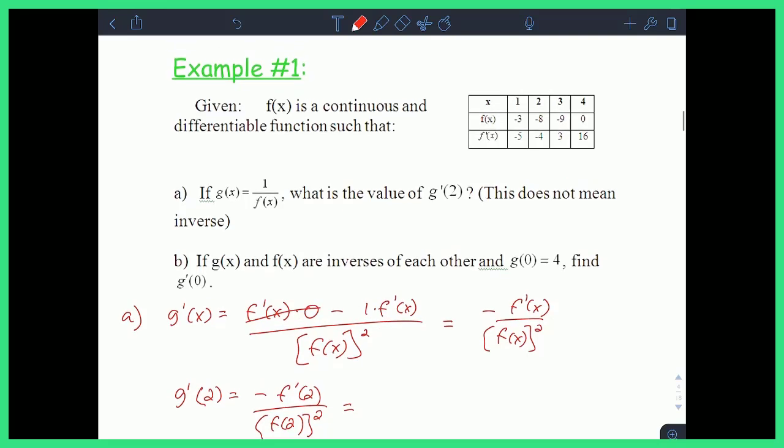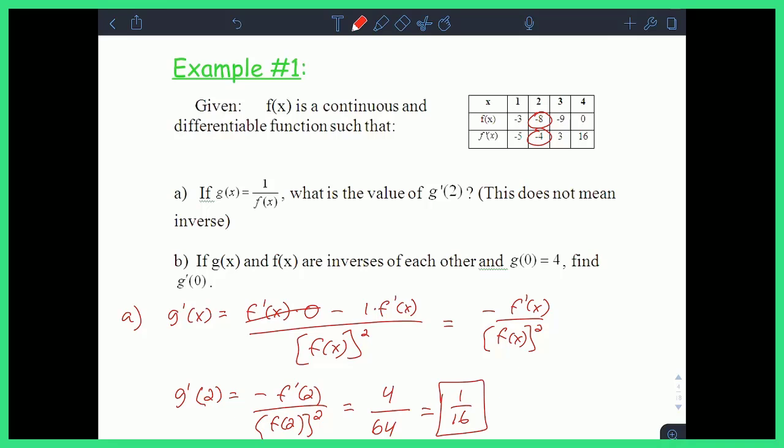So f prime of 2 is equal to negative 4, so it's going to be positive 4 over f of 2. f of 2 is negative 8. I'm going to square negative 8 and get positive 64, which gives me an answer of 1/16. So g prime of 2 is 1 over 16.